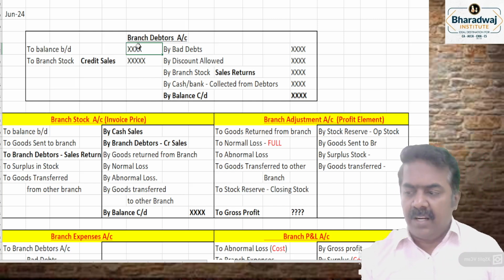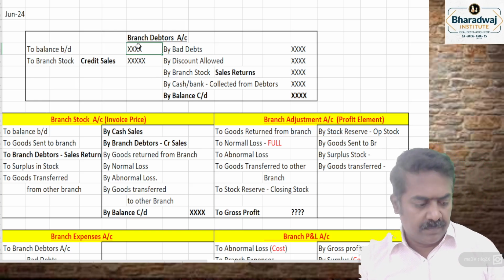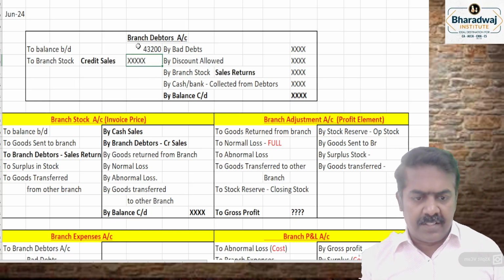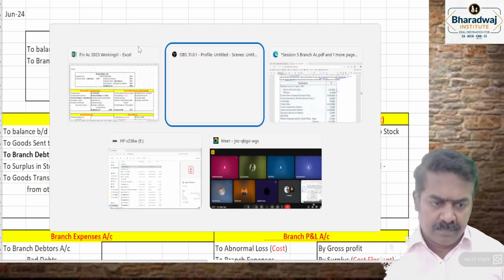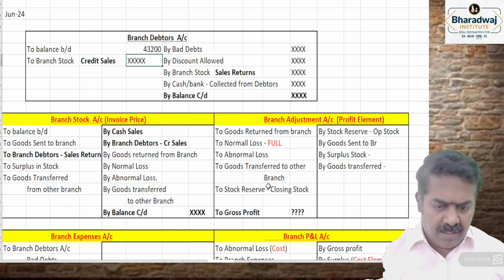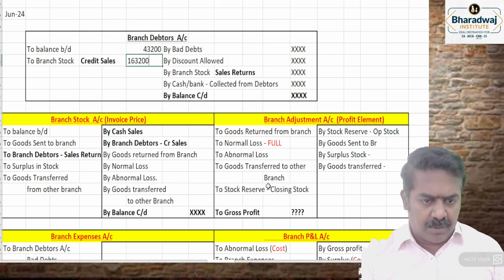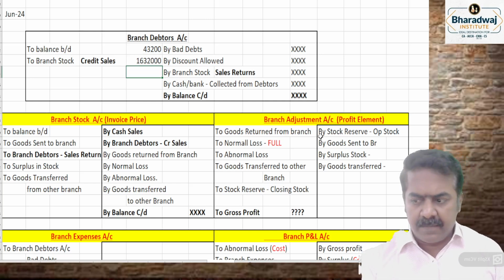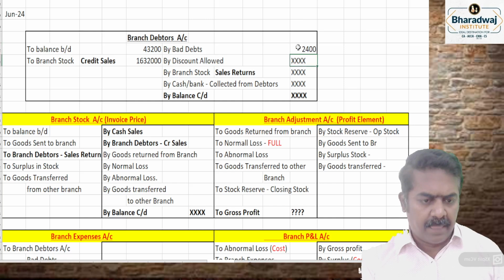Okay, balance brought down. How much are the debtors? Credit sales how much? Credit sales is 16,32,000. Any bad debts? Any discount allowed?